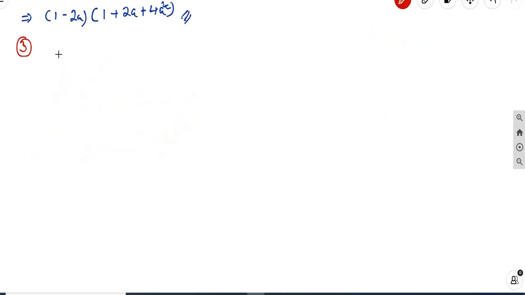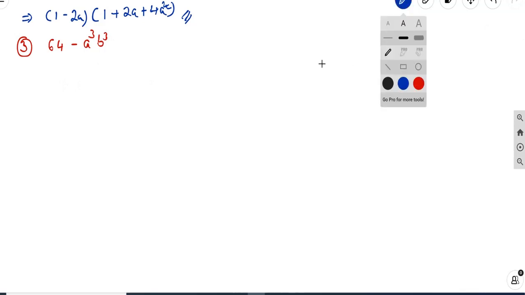What is given in problem number 3? 64 minus a cube b cube. How can we write 64? Any idea? 64 could be written as 4 into 4 into 4.